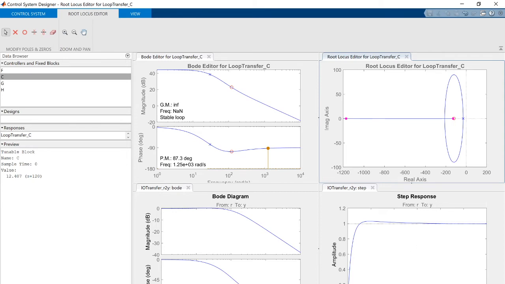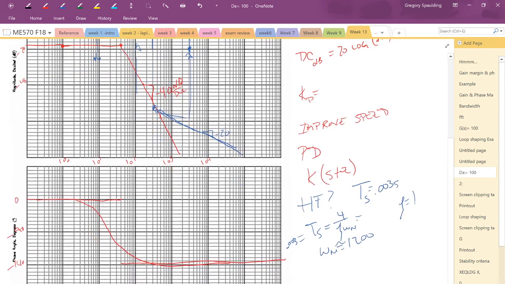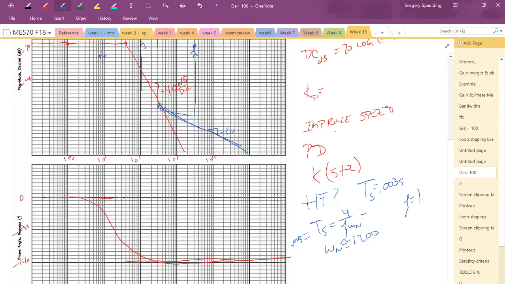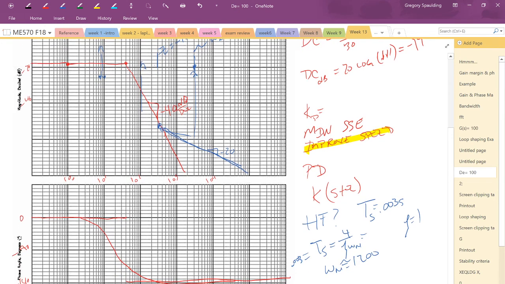Now, we could go for broke on this and implement a PID. If we added to the specs, in addition to improving speed, that we also minimize steady state error, which means we're going to want to put a free integrator in there, so we're going to be talking about an integrator term.